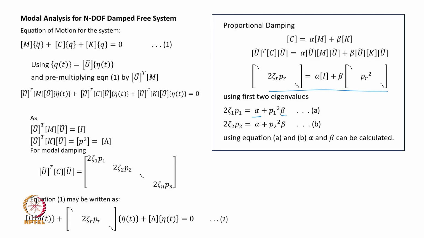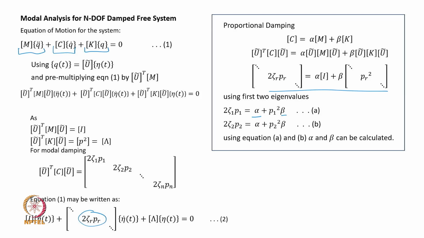Apart from diagonalizing the inertia related term, that is mass times acceleration, and stiffness times the response, both these matrices were shown to get diagonalized because of the modal transformation.